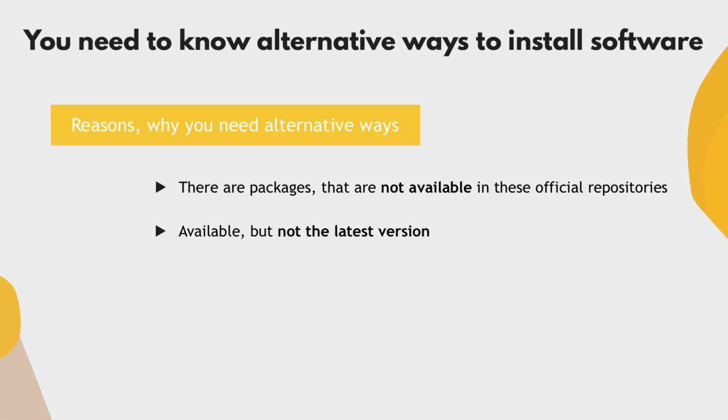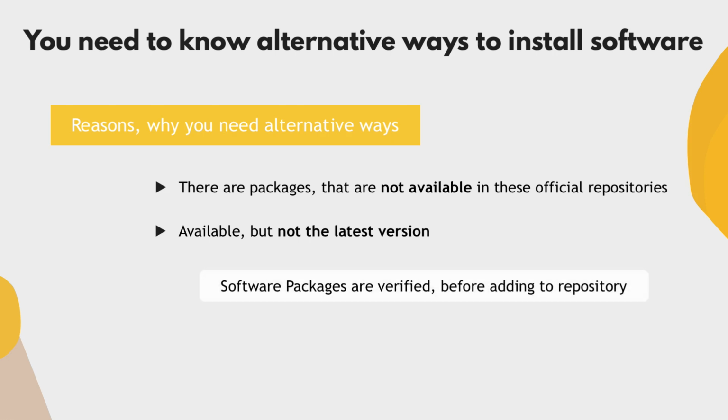This often happens because Ubuntu, like other distributions, has a procedure to verify and approve a software package and every new version of that package before including it into the official repositories. And this verification and approval process may take days or weeks. If you don't want to wait for that, or if you need the latest version of some software for your project, then you can't install it from there.